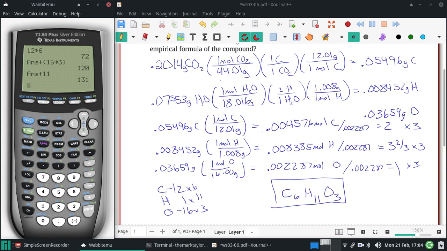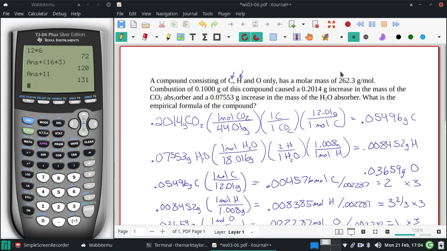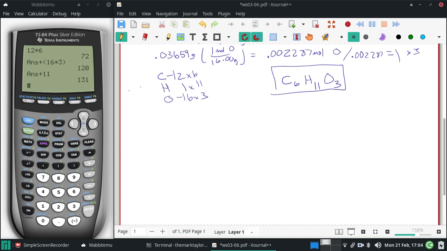And if I go back up to the question, I can see that the entire thing weighed 262, so this is about half that. So while this is the empirical formula, the molecular formula, which the problem didn't ask about, but if it had, is going to be just double all of these. I won't fully box that in because that's not necessarily the answer to this question.